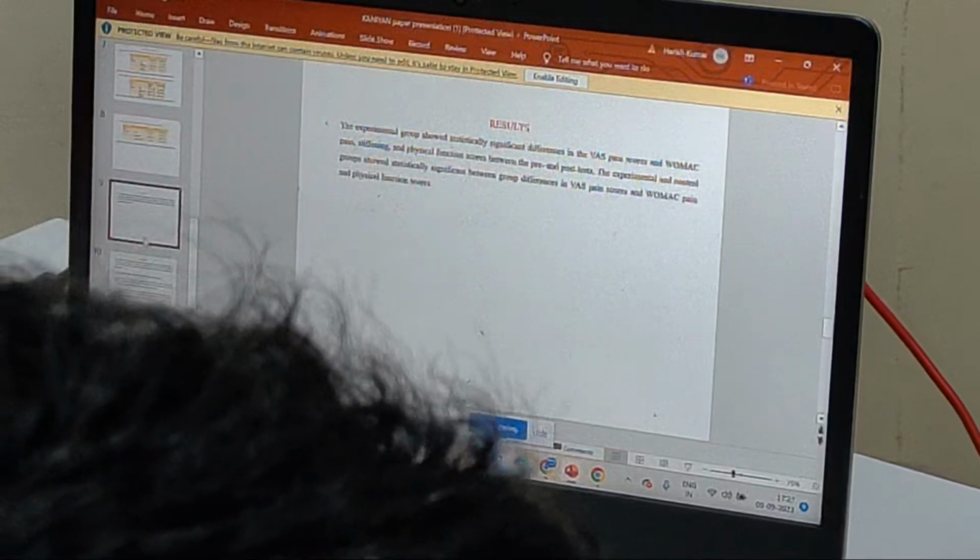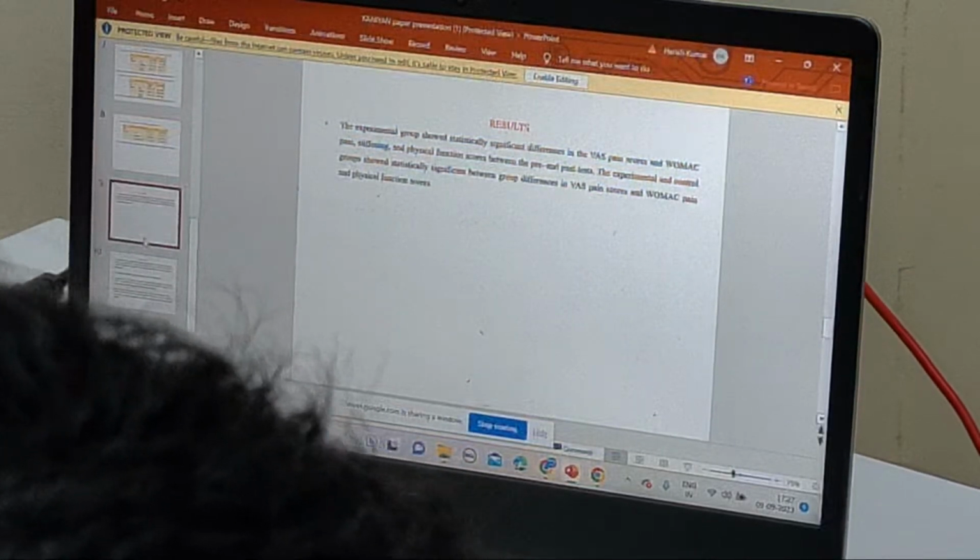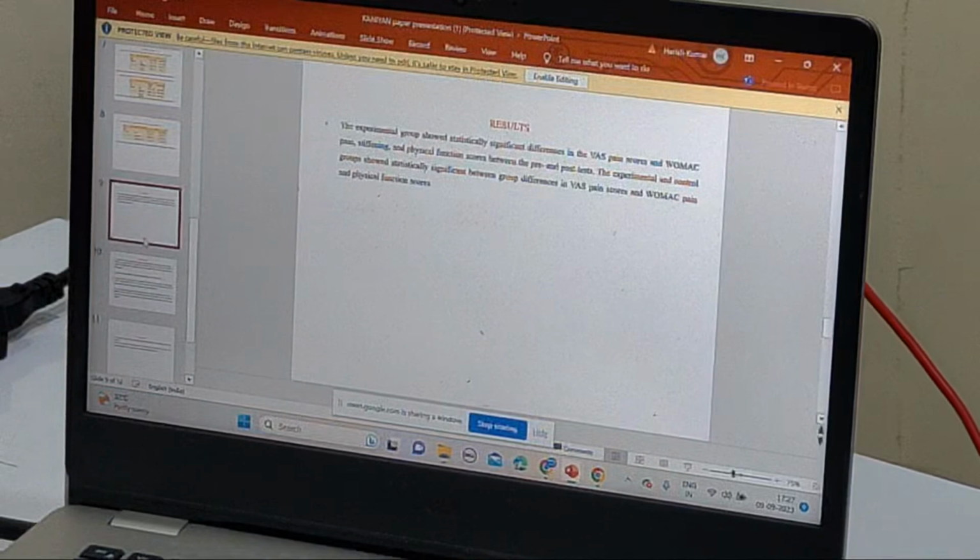The research shows the experimental group had mobilization along with conservative treatment.